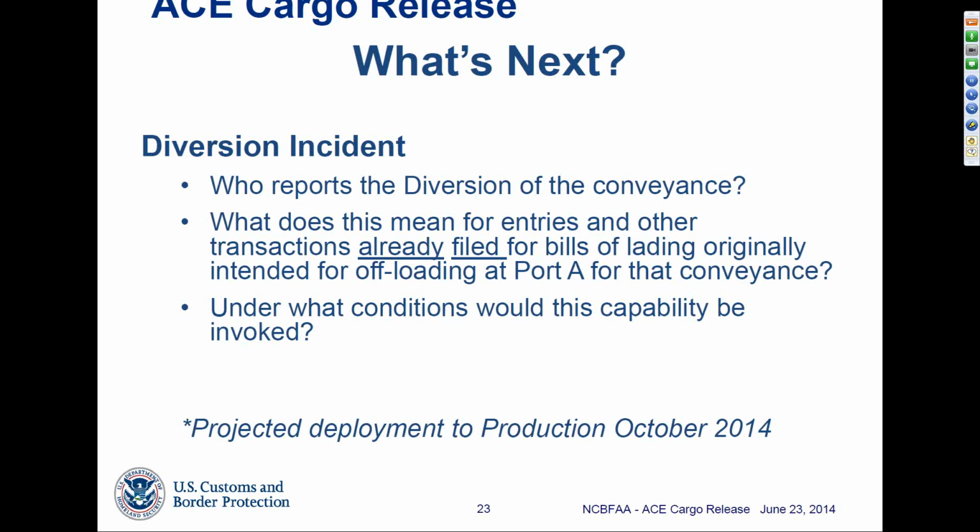It's the carrier who reports to CBP that my vessel can no longer dock in Port A due to national emergency, refinery fire, weather, whatever that could be, and CBP will decide to implement this diversion incident process for all eligible entries and entry summaries. And it doesn't matter if the bills of lading get off in Port B, Port C, Port D along the coast. Wherever it happens, we'd be able to invoke this.